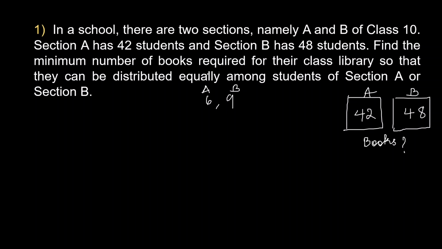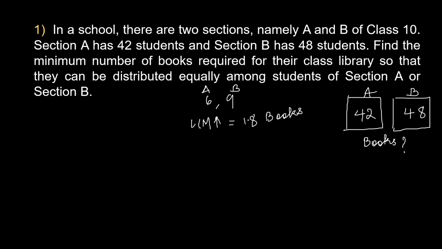If you want books for the class library, in order to distribute those books in both the classes equally among the students, then the number of books must be a greater number. So we have to find a greater number, which is LCM, and we know that LCM of 6 and 9 is 18. So I need 18 books for the library.